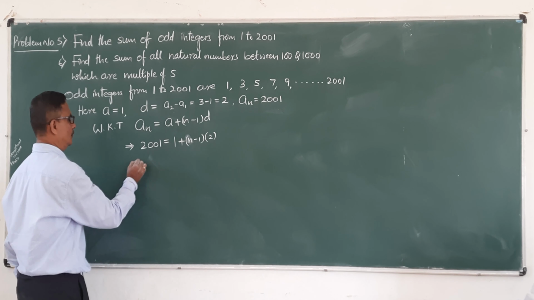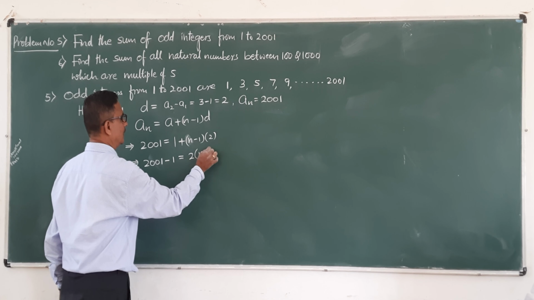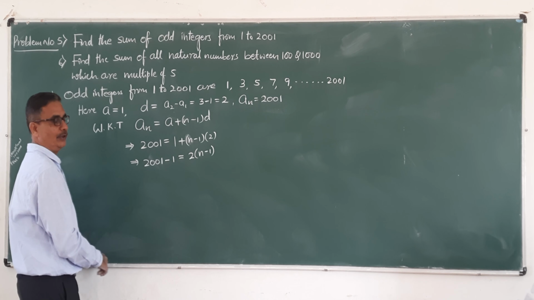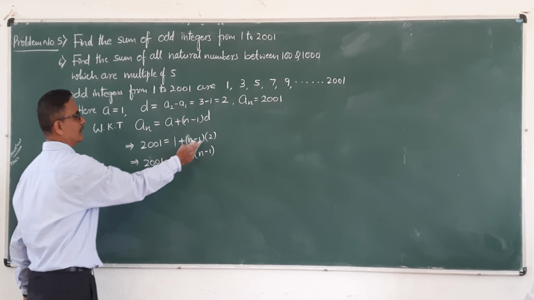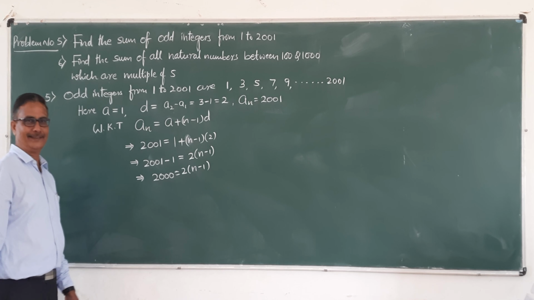Simplify 2001. Take 1 on left side. Minus 1 is equal to 2 into n minus 1. 2001 minus 1, 2000 is equal to 2 of n minus 1. Right?